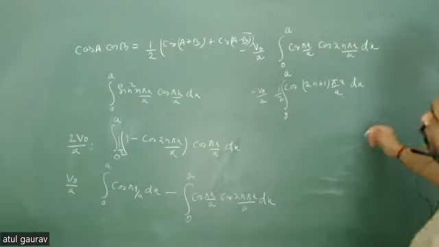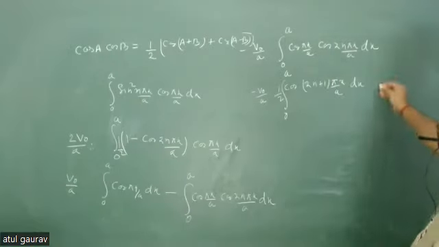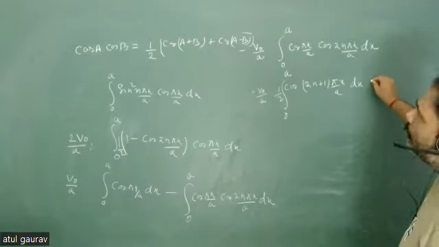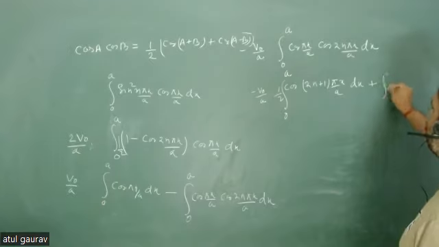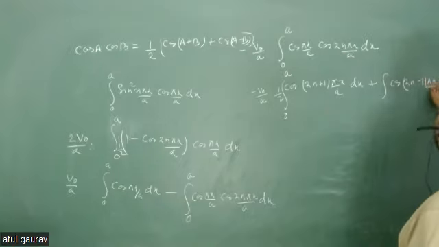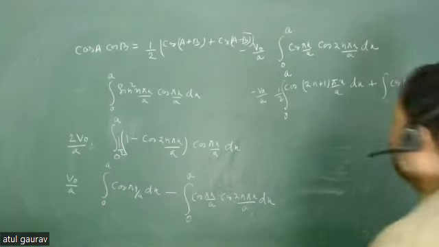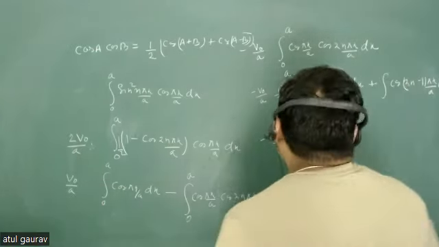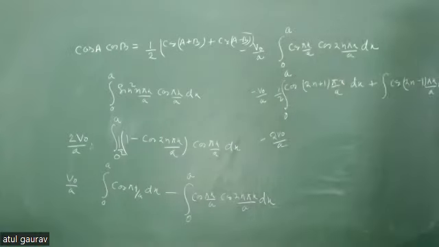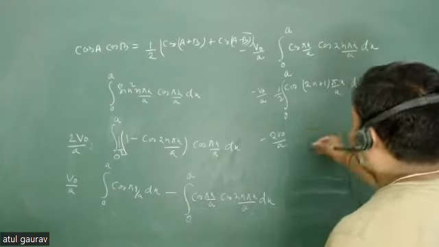The second one is cos of (2n minus 1)πx/a, dx. Very good. So what do we have? Minus 2V naught by a. Again it will be 0, I think, isn't it? Yes sir. That will come into sine.